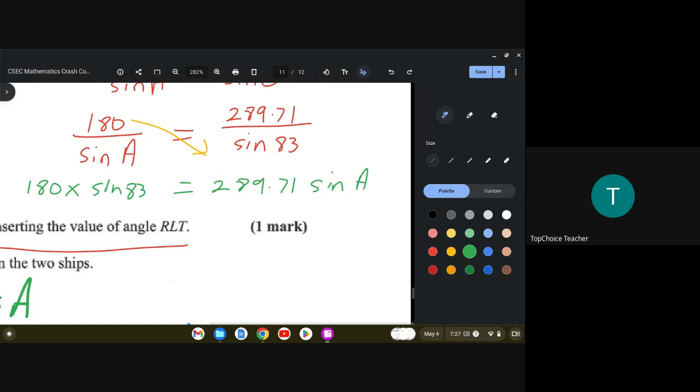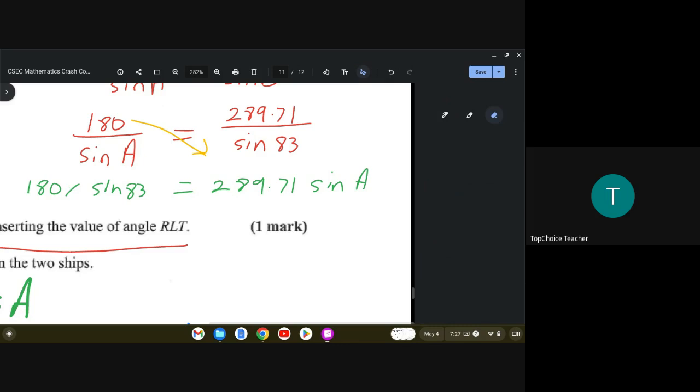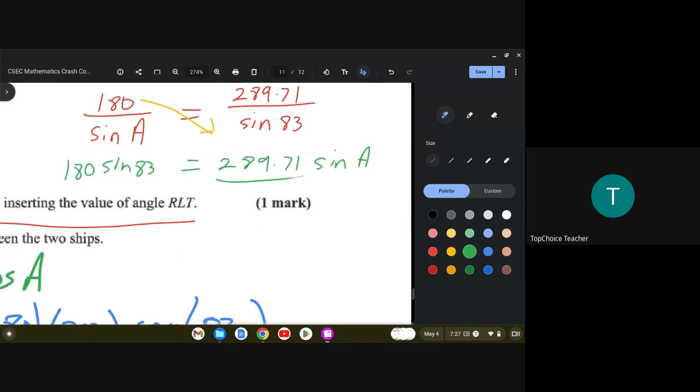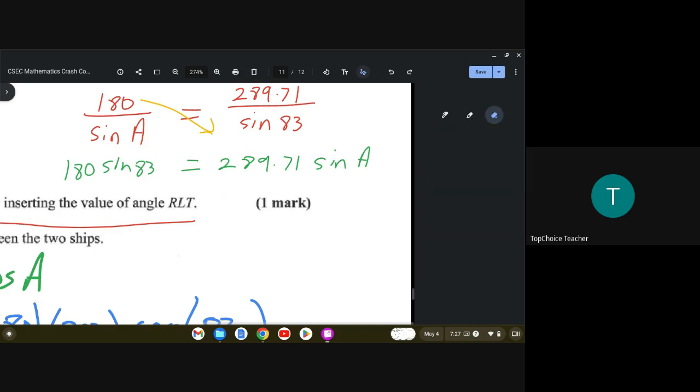So what you're going to do, I'm going to write that 180 a little closer. For those who may have difficulty solving for A, you want to free up the A, so we're going to get rid of that first. I'm going to write it a little lower, based on this equation. I'm going to erase this line.